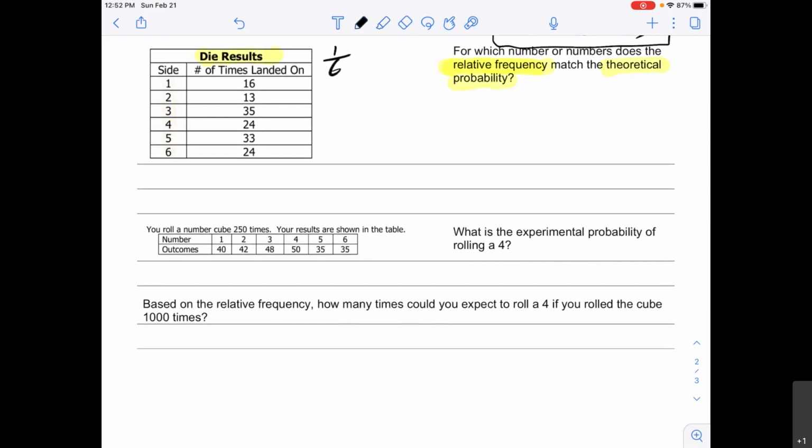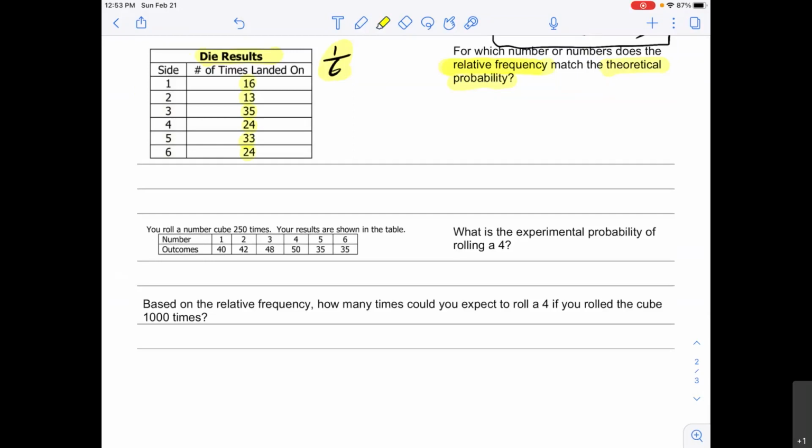So to see if my theoretical probability, which again for any of these is 1 out of 6, matches the relative frequency, I'm going to be finding the relative frequency of all of these things and seeing if it matches. So I'm going to start by saying how many times did I roll this die altogether.